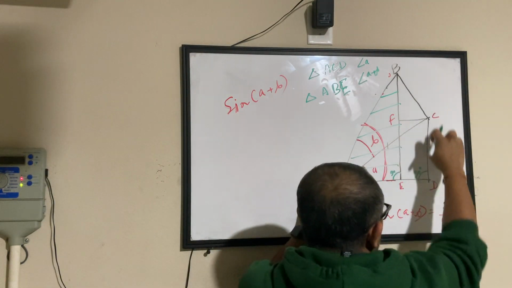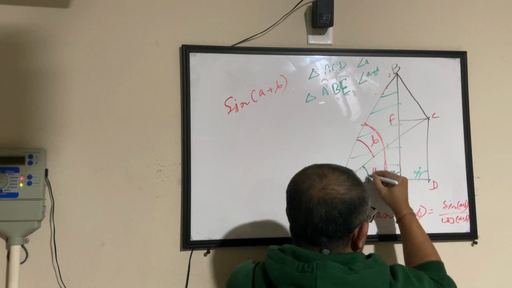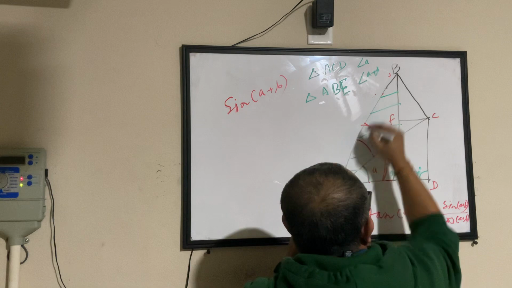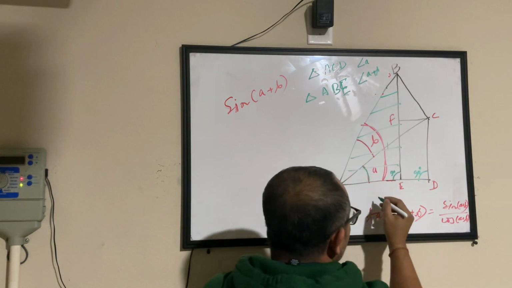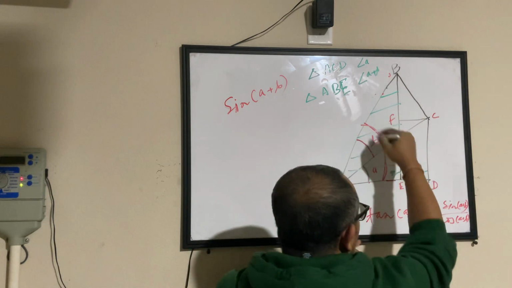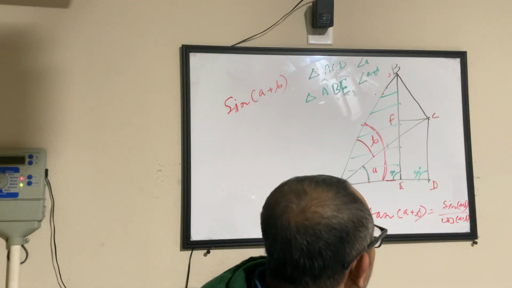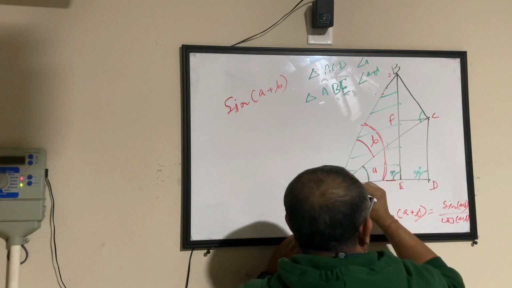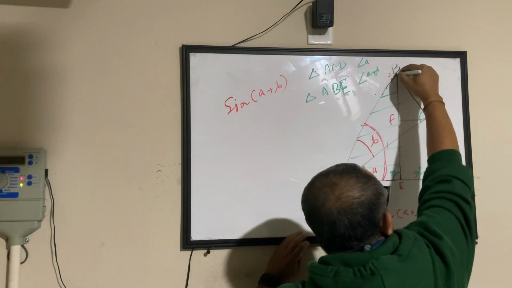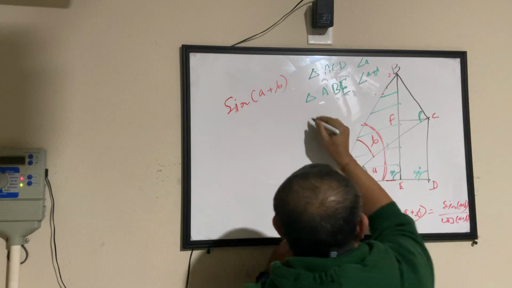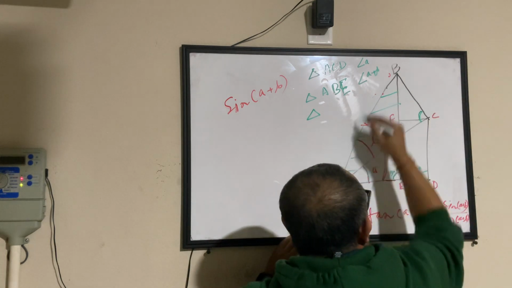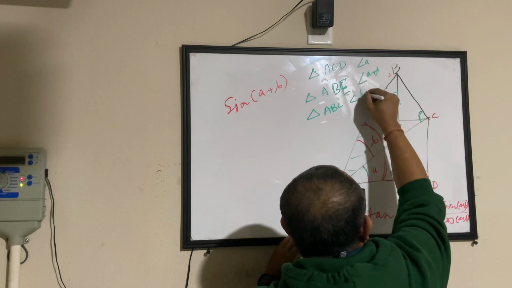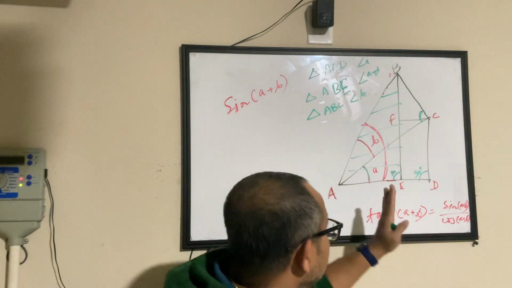So basically, this is my small triangle which is making this angle A, and this is my large triangle, the one that I've shaded as green, which is making angle A plus B. And now, if you look at it carefully, I've just extended this line and drawn a perpendicular from here to here, so that triangle ABC has angle B. Are you guys able to visualize this part?